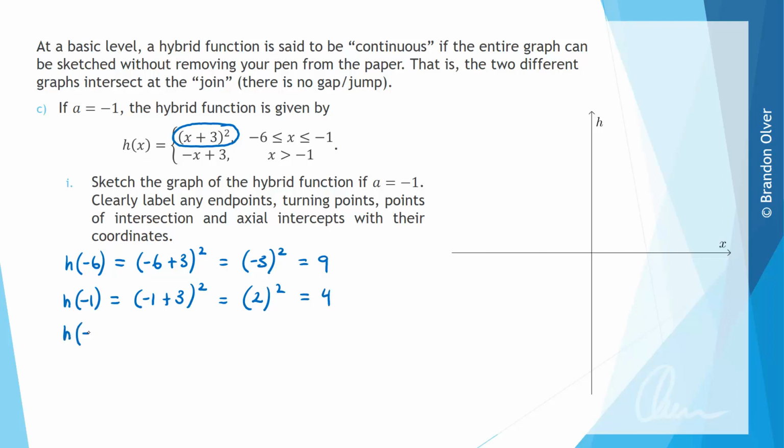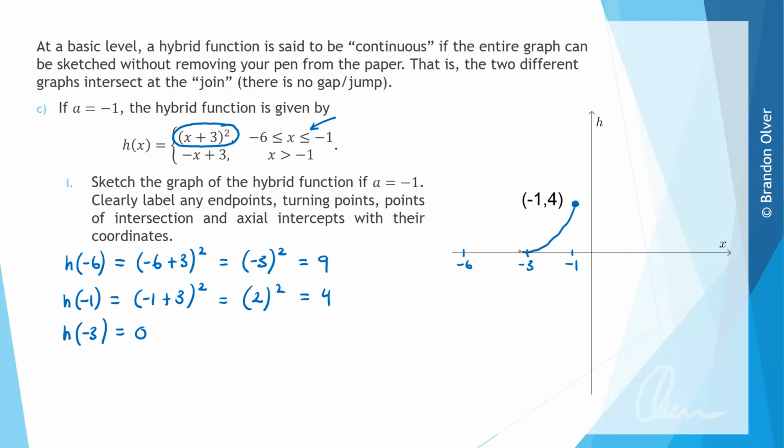So if we consider what we also know from part A of the question, we know that h of -3 equaled 0. And in this form, we know that that's the turning point of the parabola at -3, 0. So if we put a scale on, this might be -6, so that could be -3, and this could be -1. And we know that it goes from -1, 4, and that's a coloured in dot because we have the equals to inequality here.